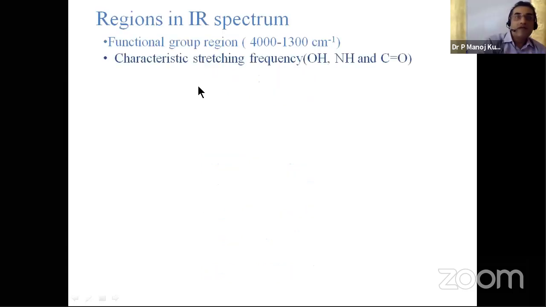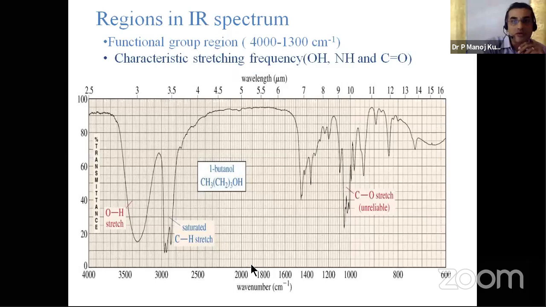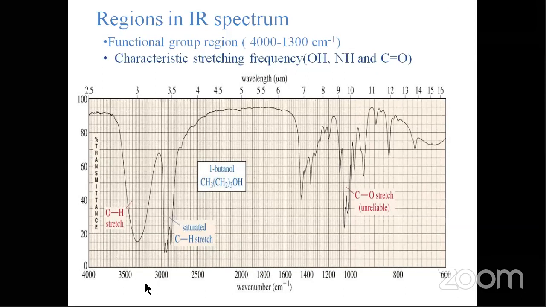So here, whenever I get an IR spectrum, which are the two portions in the IR spectrum that I should be looking for? First of all, it is the region between 1300 and 4000 centimeter inverse. This is 1300, this is 4000. This is the region you should look at first.